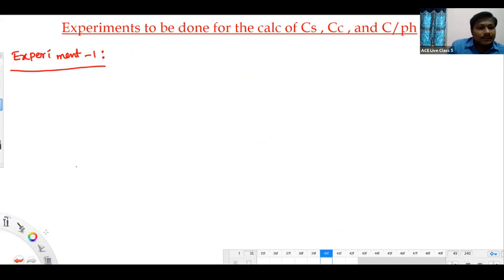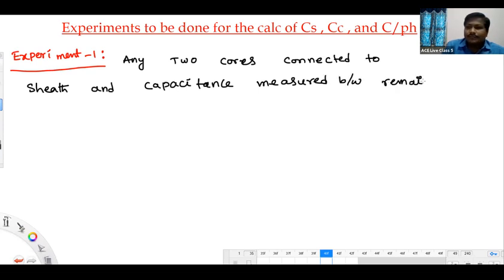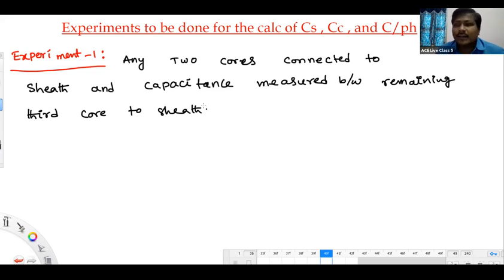See, in this experiment, any two cores are connected to the sheath, and capacitance is measured between the remaining third core and the sheath. That's what we are doing.